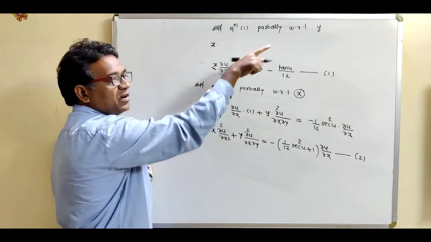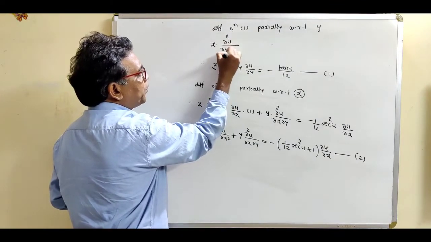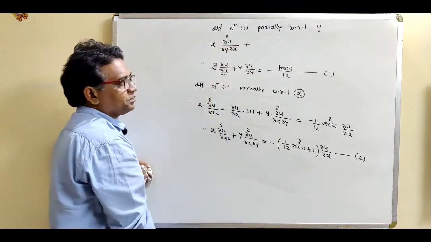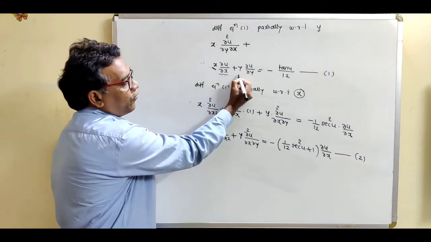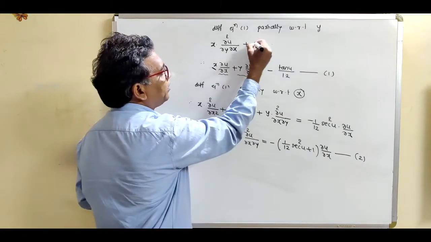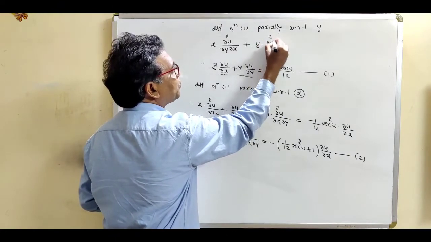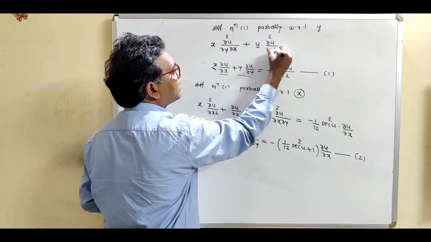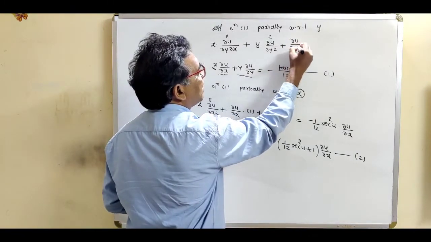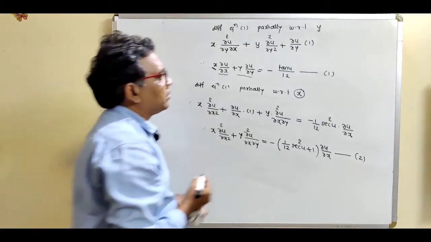So write its partial derivative with respect to y: del square u by, first of all write this y, then write this del x, plus. Now for this second term we use the product formula: first term as it is, y into derivative of second term, del square u by del y square, plus second term as it is, del u by del y, into derivative of first term, which is 1.